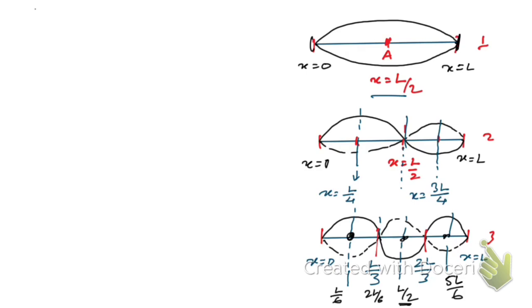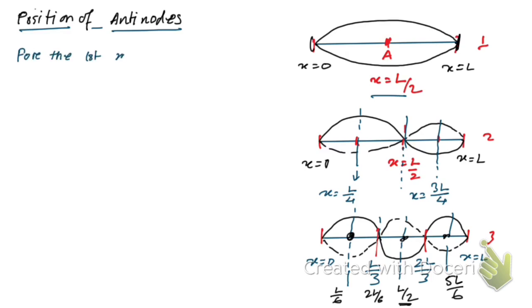So here you see, the position of antinodes for the first mode: x is equal to L by 2.